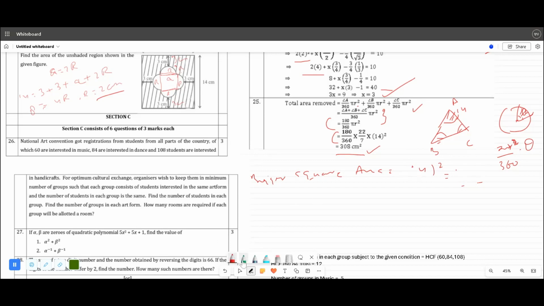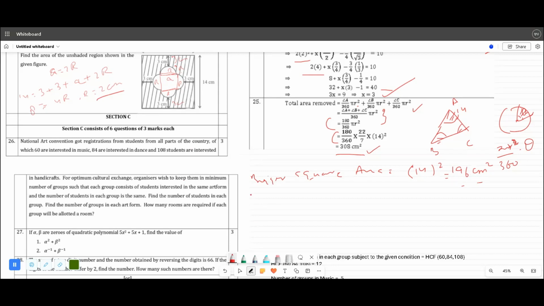So this is 14 square, that is equal to 196 centimeter square. करेक्ट. अब हम शेडेड रीजन के एरिया की बात करते हैं.